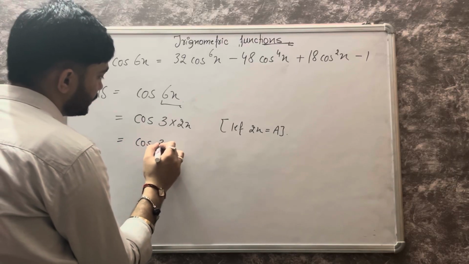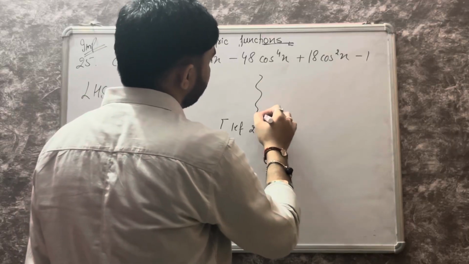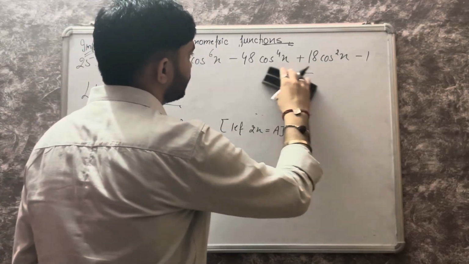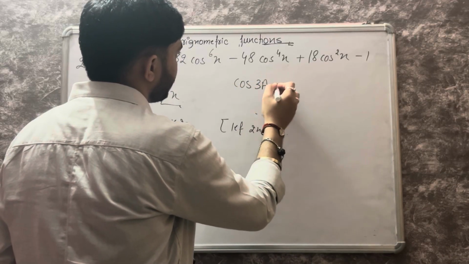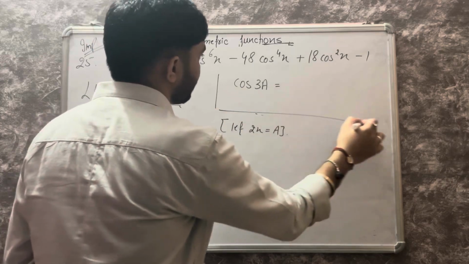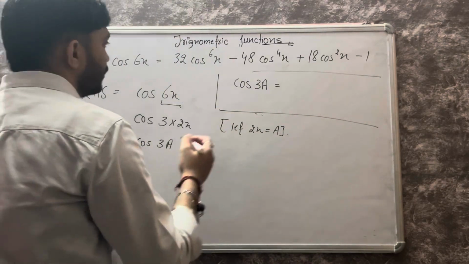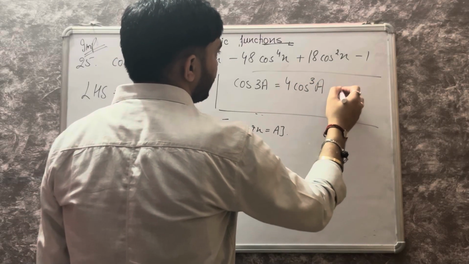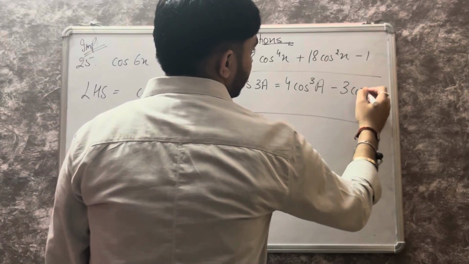Cos of 3a. Now we have one formula of cos of 3a. What's the formula of that? 4 cos cube a minus 3 cos a.